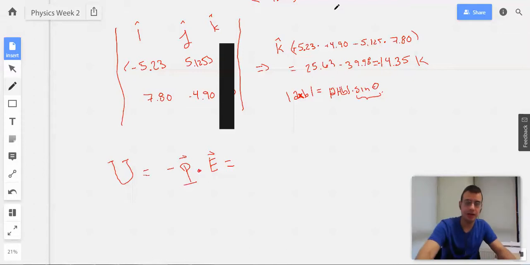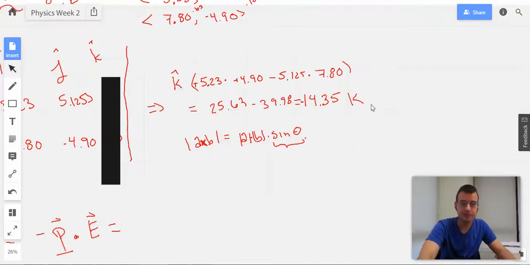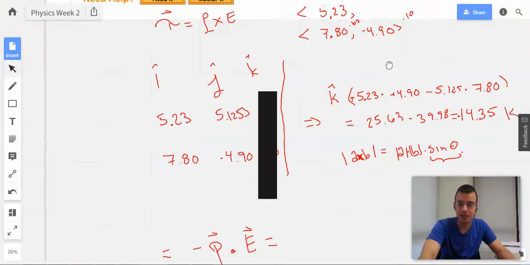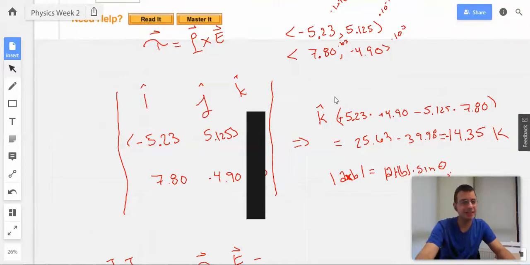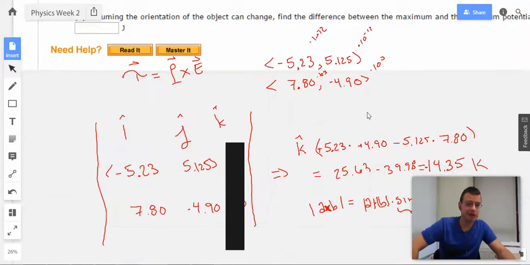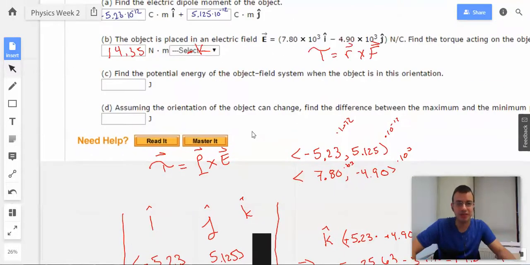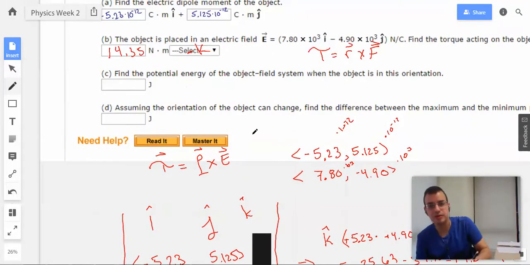Oh, wait a sec, I forgot to put units on the torque. I almost led you guys astray. So maybe you should write the exponents in every time. 10 to the negative 12 times 10 to the third will give you 10 to the negative 9th. So add that in right there.